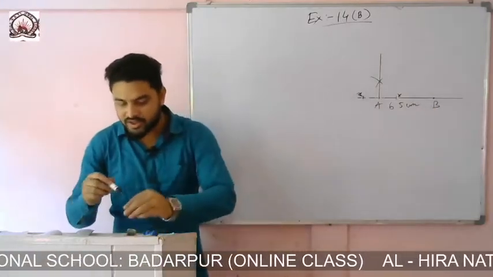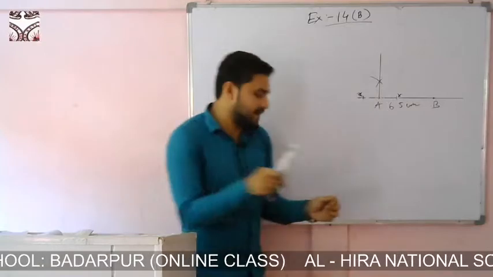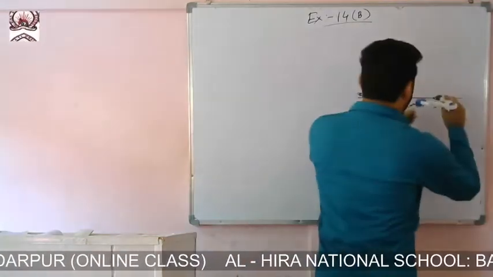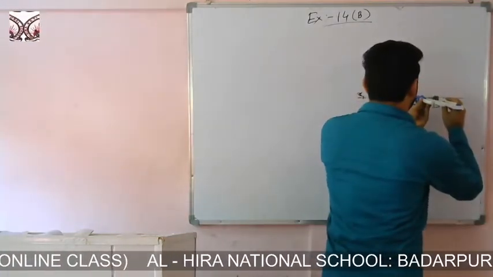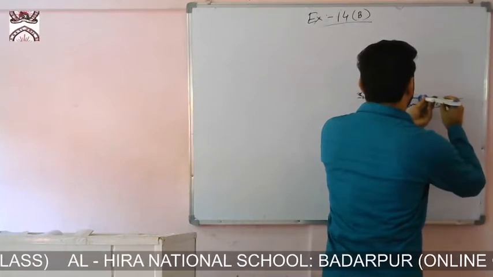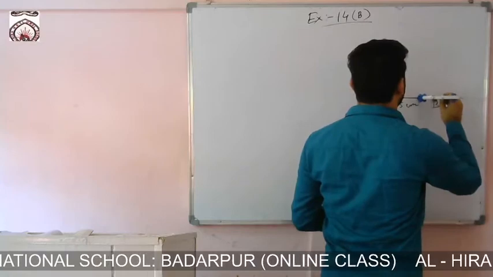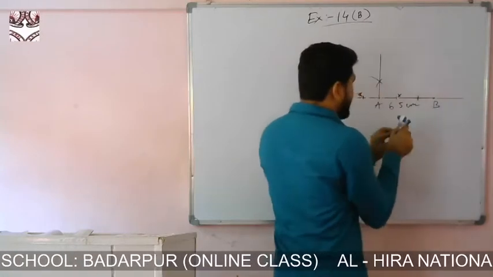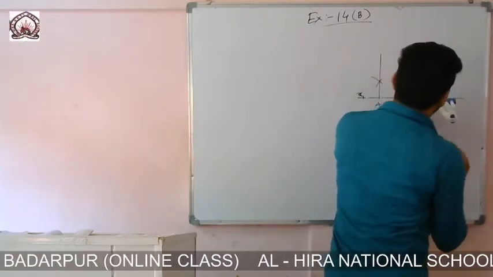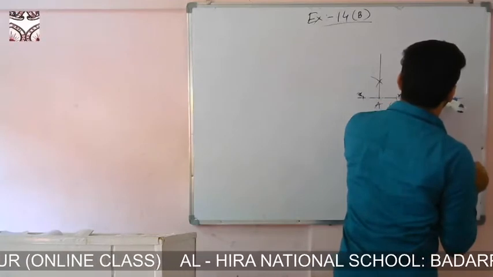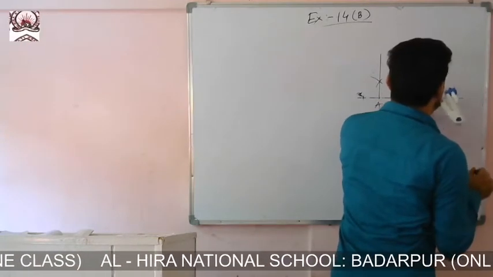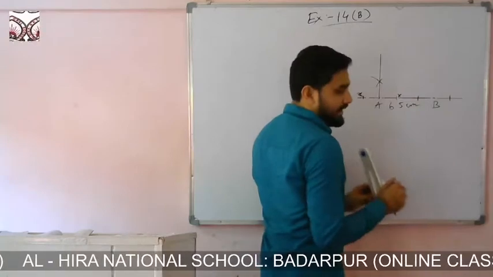First you take the compass and place it here. Take a suitable radius and cut these two lines.